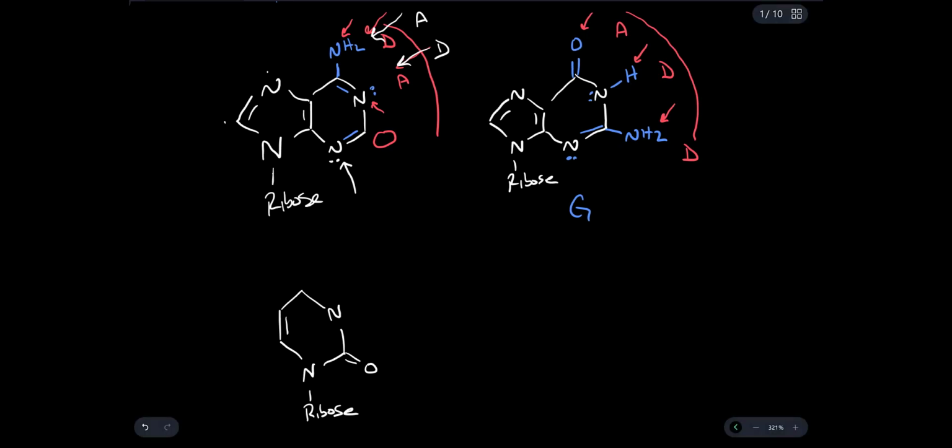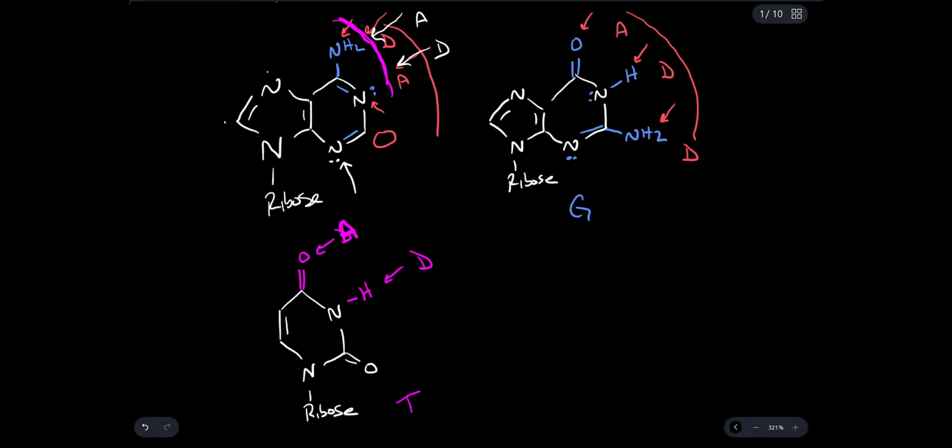A hydrogen bond acceptor is a carbonyl. A hydrogen bond donor in this hydrogen must be an NH. So this makes this oxygen a hydrogen bond acceptor, and it makes this hydrogen a hydrogen bond donor. That pattern matches what's needed to make a Watson and Crick base pair with adenosine.